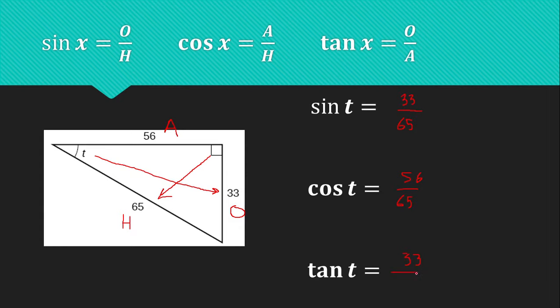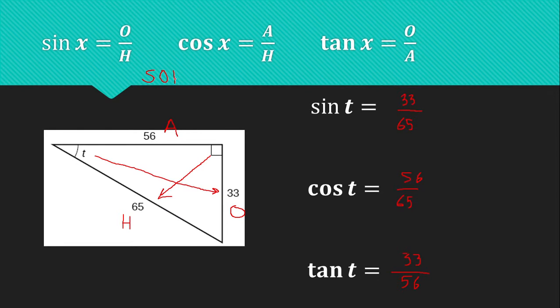Now on the SOL and on tests and things, you should get these on a formula sheet. The formula sheet actually has a triangle labeled with OAH in case you forget how to label it, and it'll have these 3 ratios, sine, cosine, and tangent. So you don't have to memorize them, but if you want to make your life easier, you can remember the acronym SOHCAHTOA.